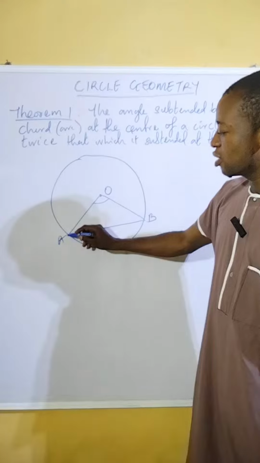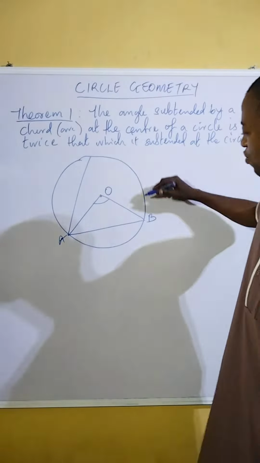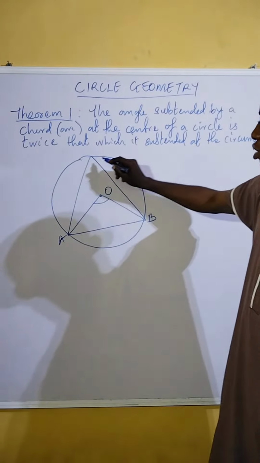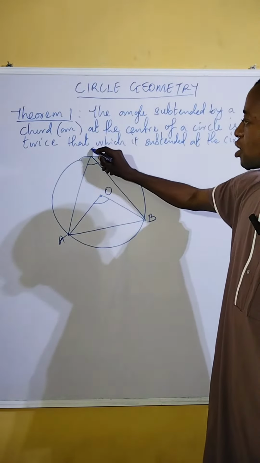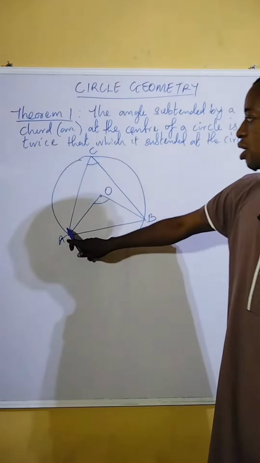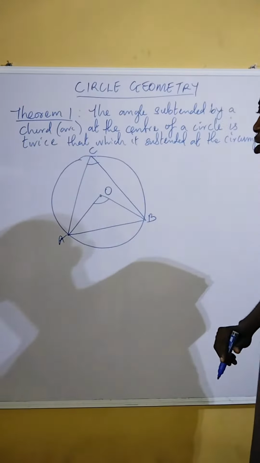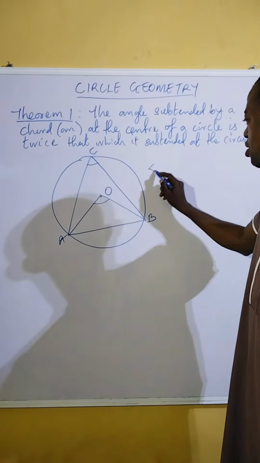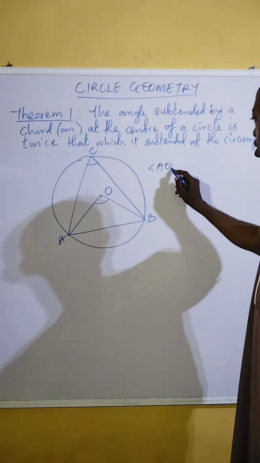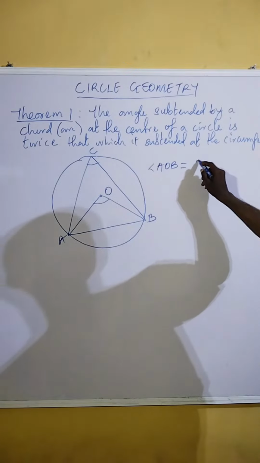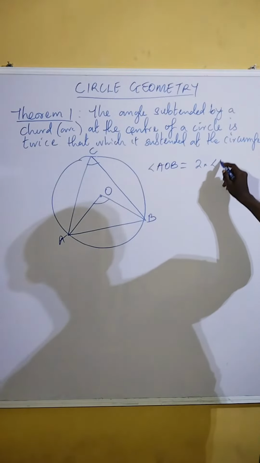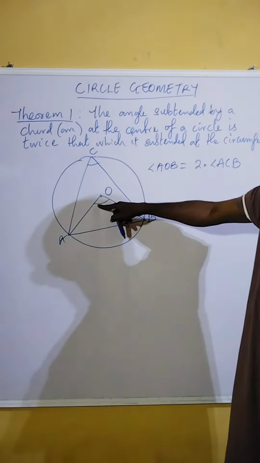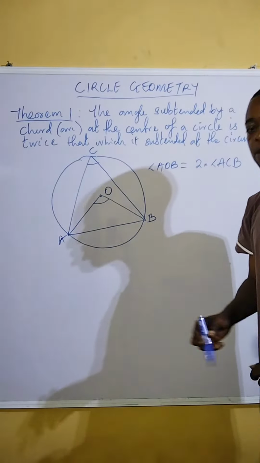Now, join another angle at this circumference here. We call it angle ACB, which implies that angle AOB at the center is 2 times angle ACB. That is, the angle at the center is twice the angle at the circumference.